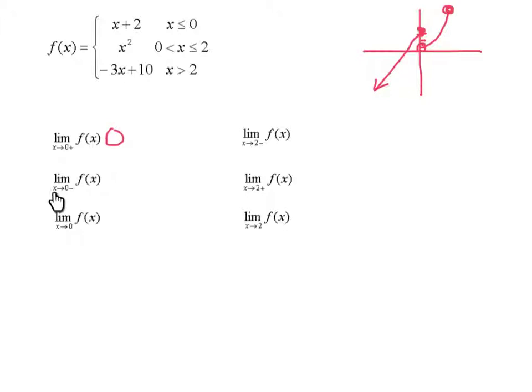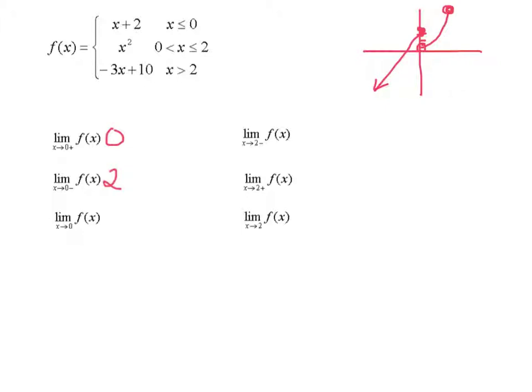Next, approaching 0 from the negative side, well, I'm going to go to the equation that's below 0, so this one, and I'm going to plug in 0, and we're approaching 2. Now again, you can look at the graph and say, okay, so from the negative side you're approaching 2, from the positive side you're approaching 0, and the graph may make that easier, but we didn't really need the graph to answer that question.